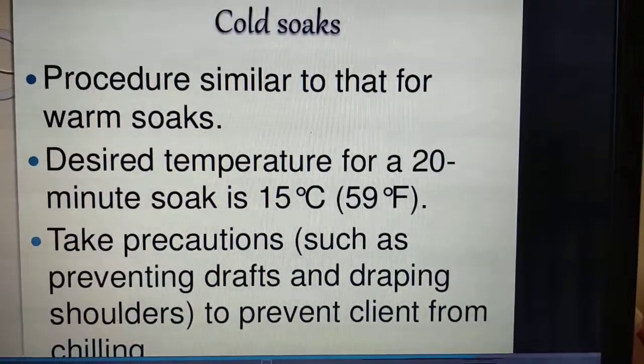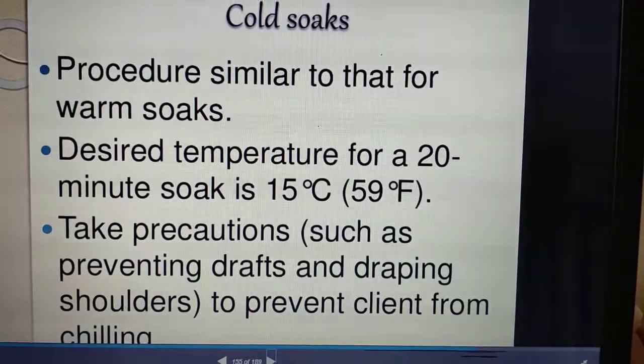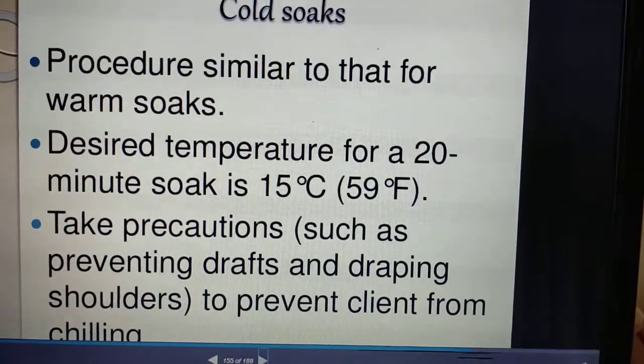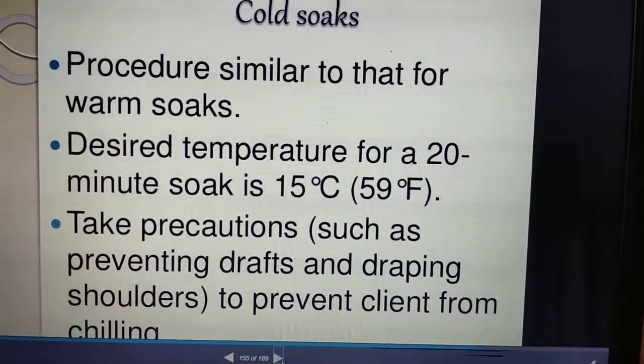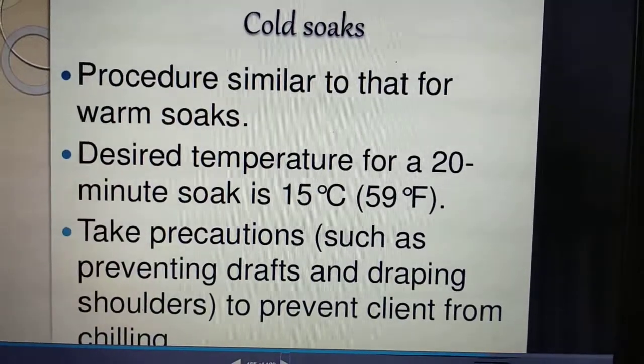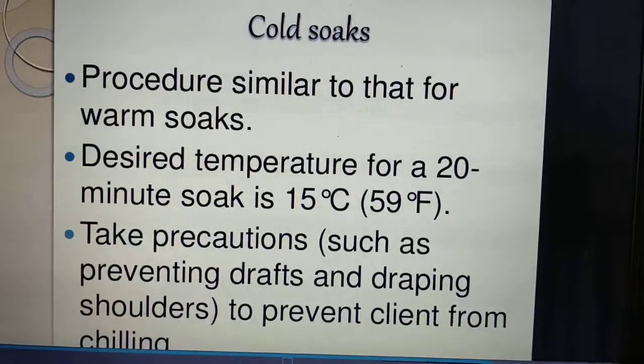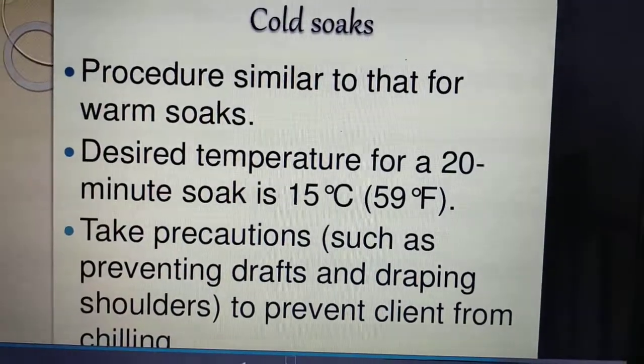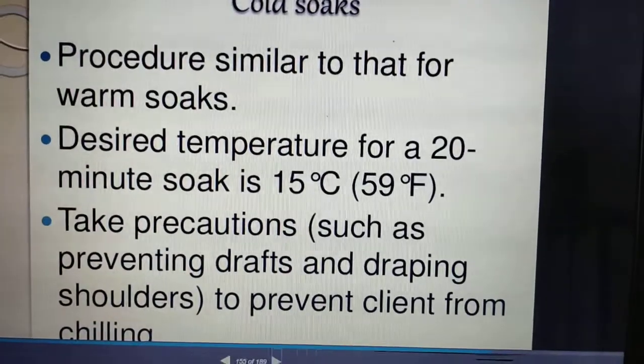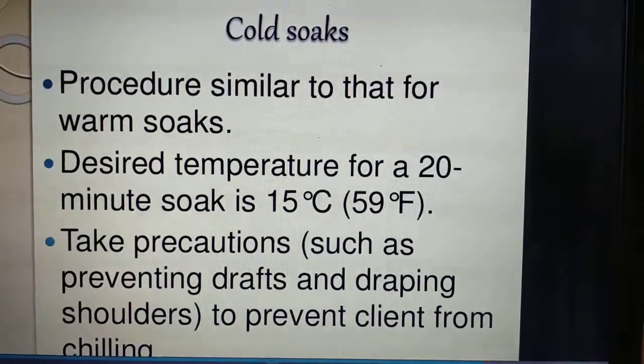Next one is cold soaks. The procedure is similar to that for the warm soaks. In the warm soaks, we keep our limbs under hot water in the bathtub, isn't it? But the same thing, only we are keeping it in cold water. Very simple, isn't it? I will show you.